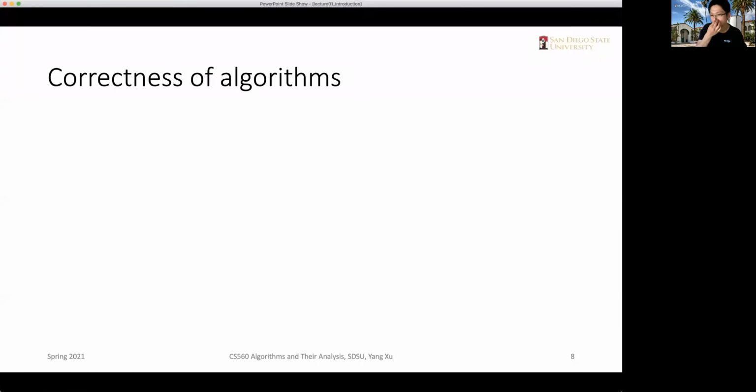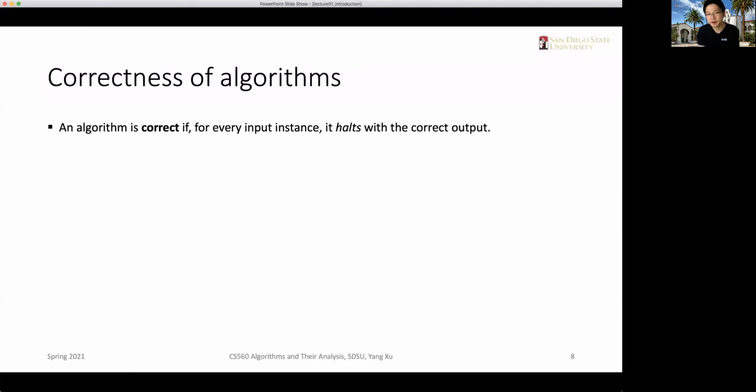Okay, so let's see correctness. When we talk about correctness, that's something we want. Usually we want to avoid any algorithm that generates wrong outputs.